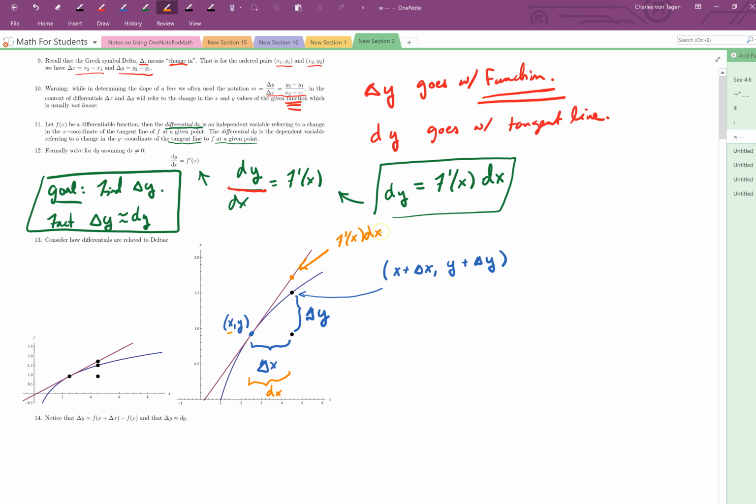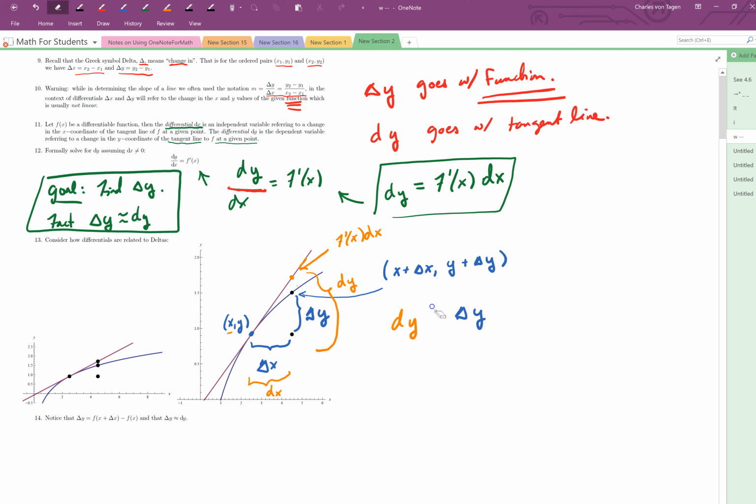So this is the quantity that I'll be able to calculate easily, and this is our differential y. So from this picture, and I know this picture got a little messy real quick, we see that for small enough values, differential y is approximately delta y.